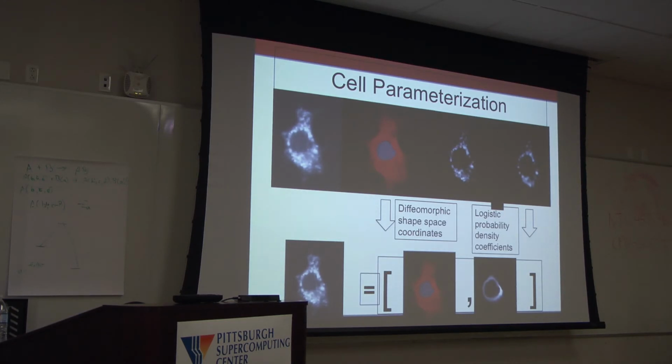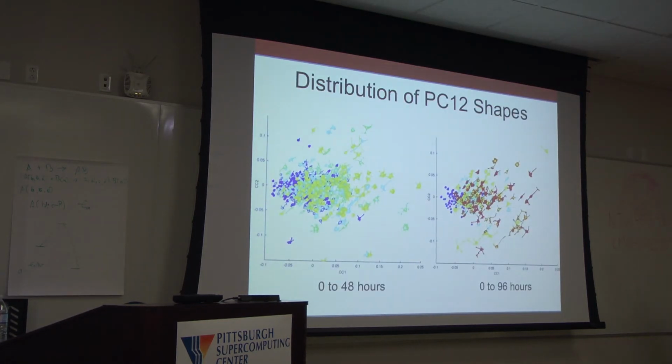Each time point is represented by a model of shape and the distribution of mitochondria. Now, if we just talk about shape, these are examples of a shape space, which you're going to learn more about in a bit, where cells that have the same shape are near each other and cells that have different shapes are not.